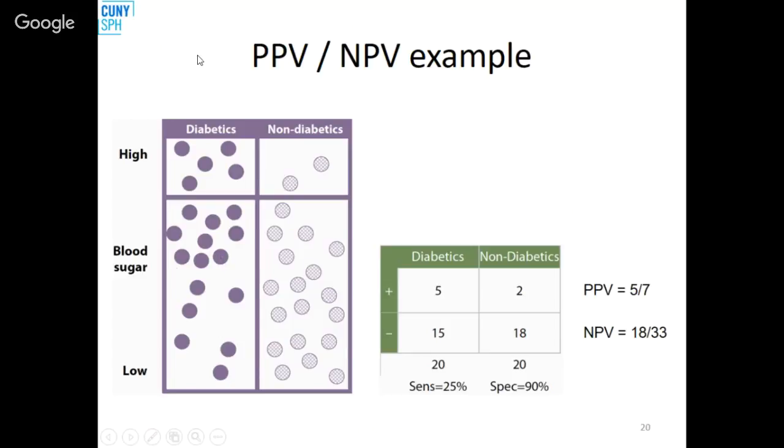So going back to this example with the high threshold, among people receiving the top positive test, positive predictive value of 5 out of 7, negative predictive value of 18 out of 33.